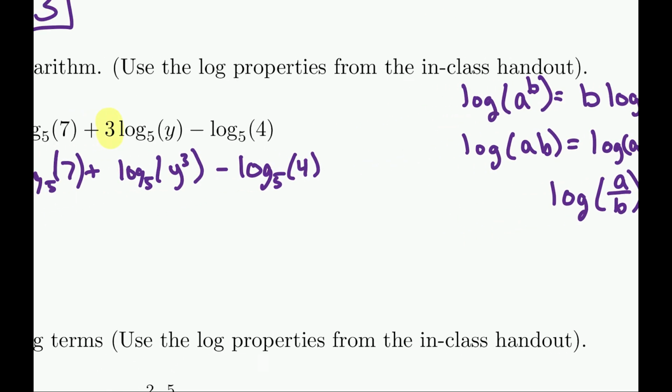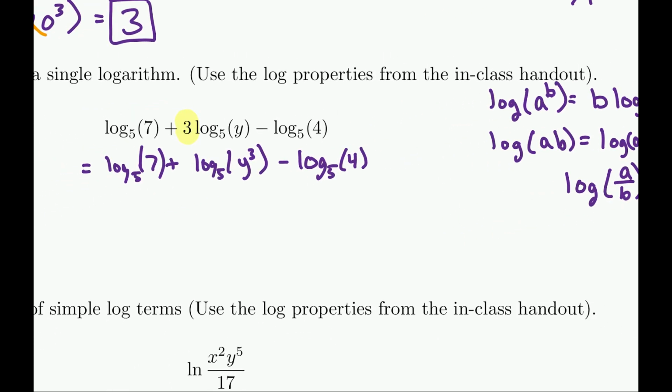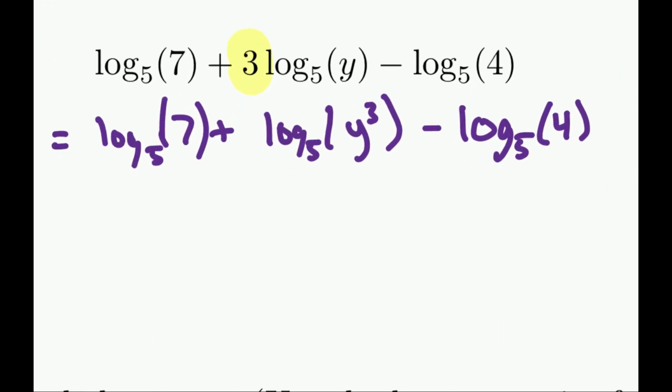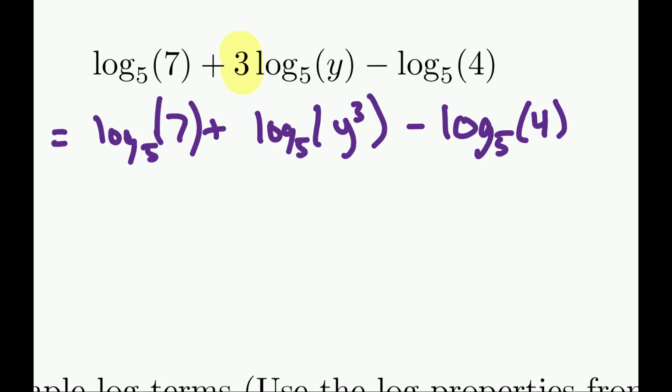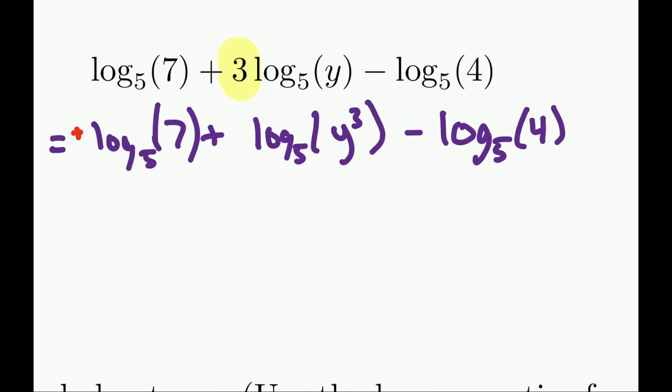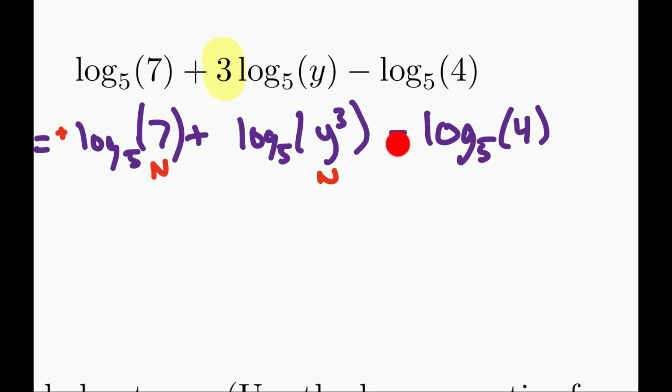So if I think about N for numerator, D for denominator, there's a plus here, right, that you don't see, but it has it. So the 7 would be in the numerator, and then this is also a plus. So the y to the 3 would be in the numerator. This is a minus, so this 4 would end up in the denominator.